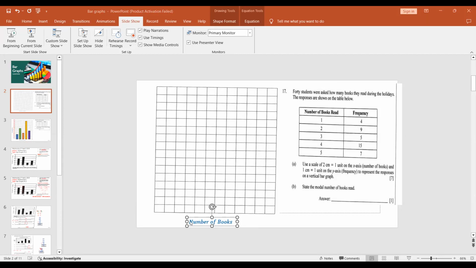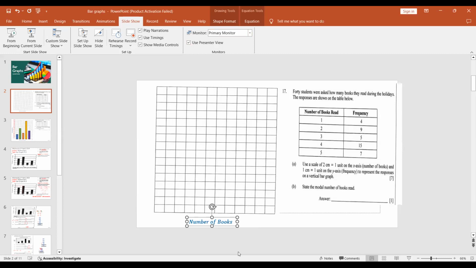So number of books is on the x-axis, and on the y-axis we're going to have frequency. I'm also going to label it.